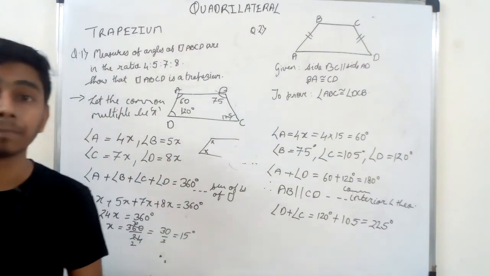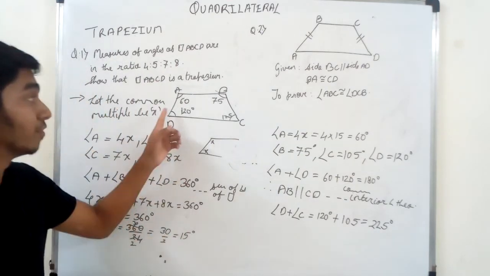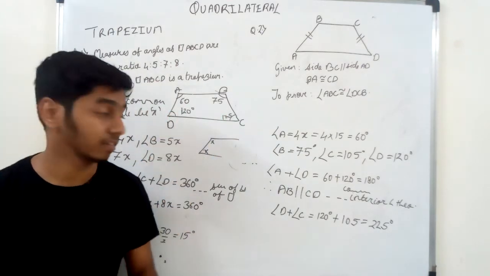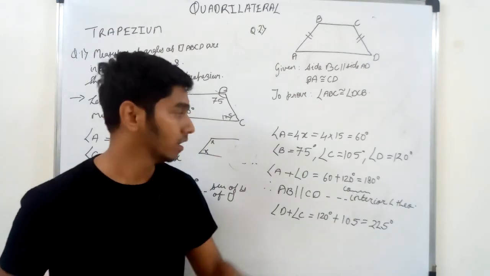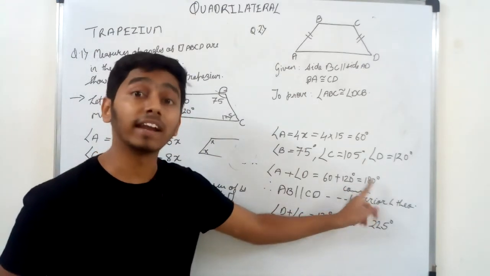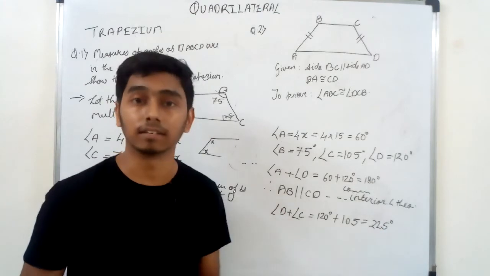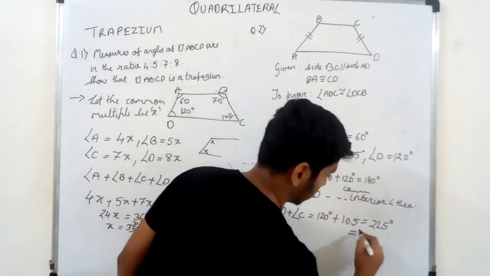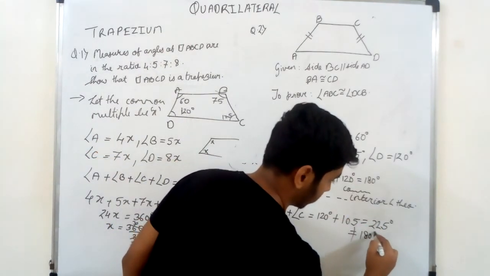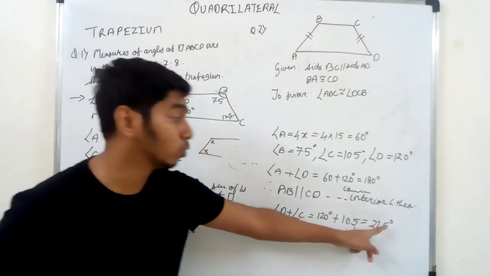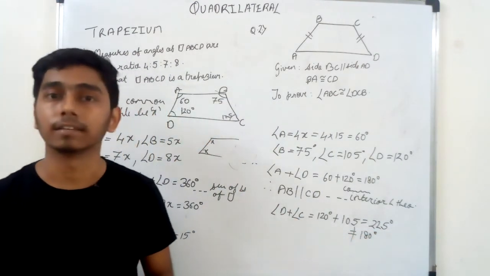So here, what are we getting? If you add 120 and 105, you get 225. We want 180 here. So that's why we say that 225 is not equal to 180.